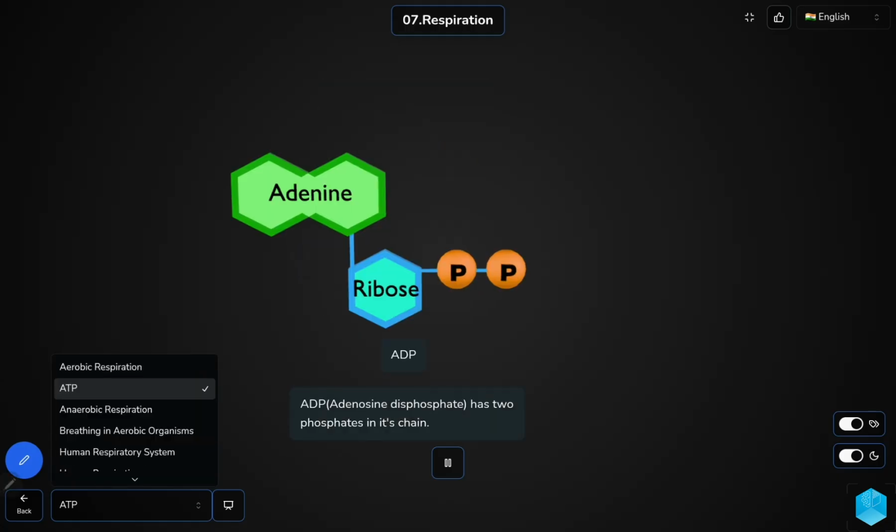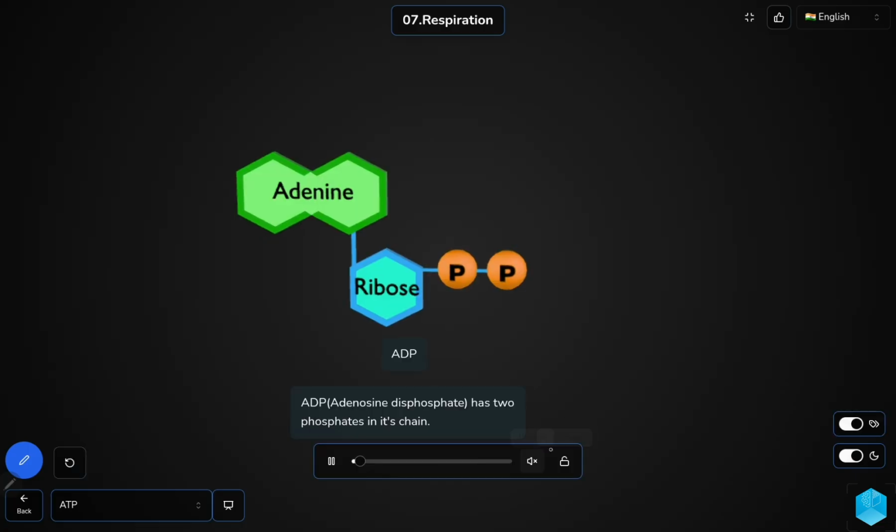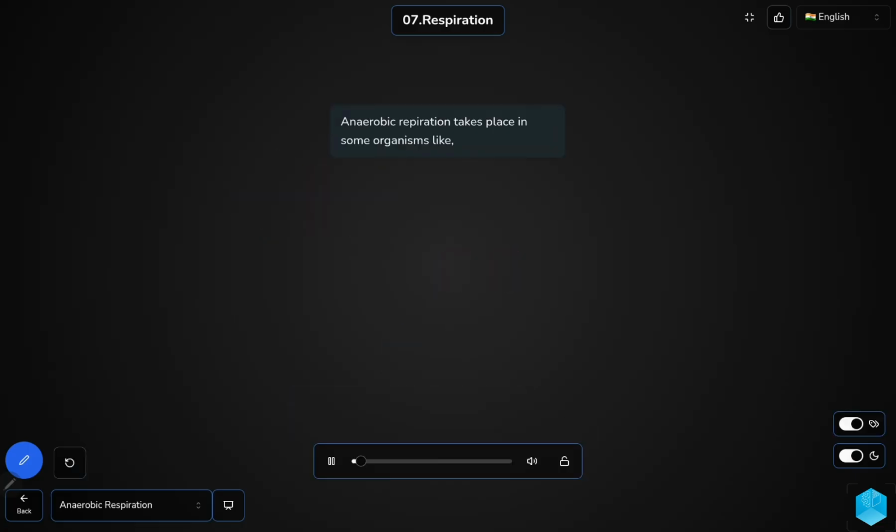So ATP produced will be used for the different activities we perform in our day-to-day life.